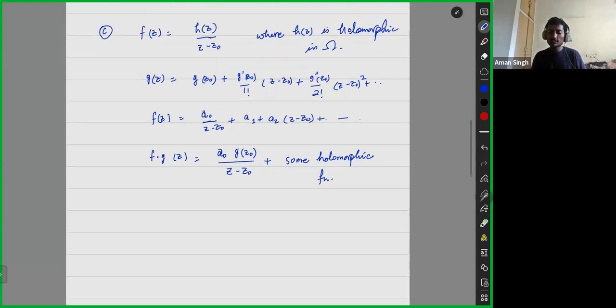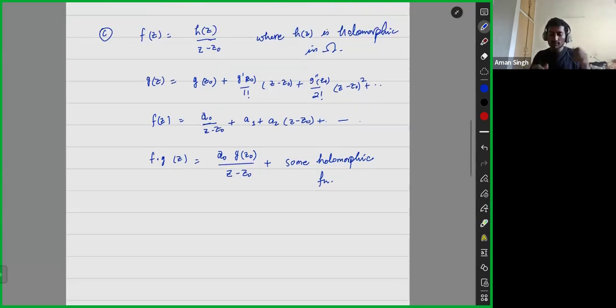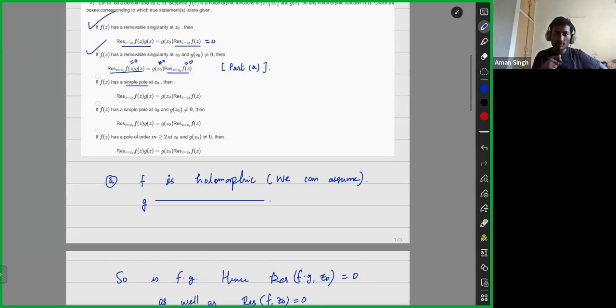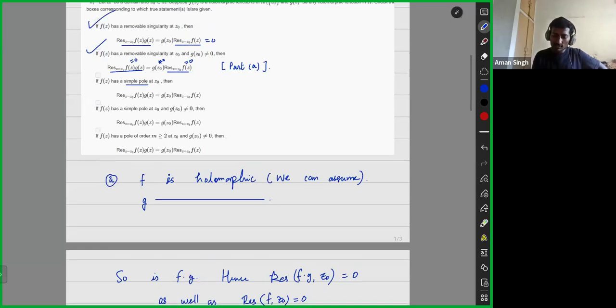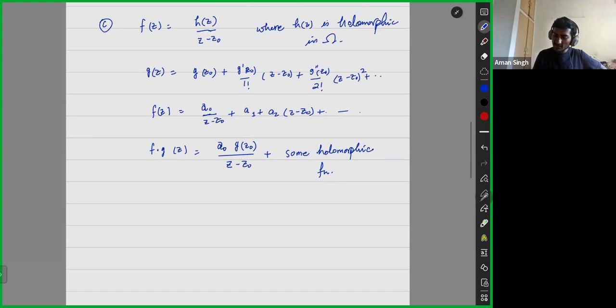Now we have calculated an expression for f into g, and we'll see the third option. The third option was that if f has a simple pole at z naught, we calculate the left side first, the residue of f into g at z equal to z naught, and that is a naught into g(z naught).